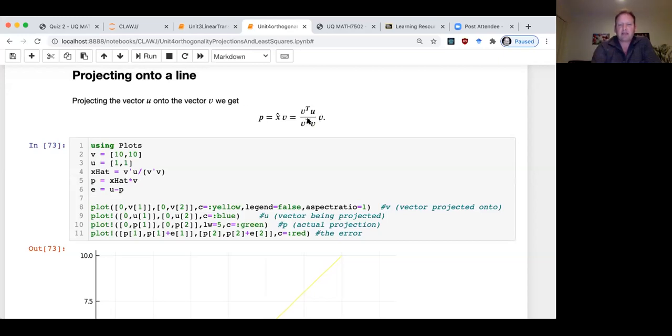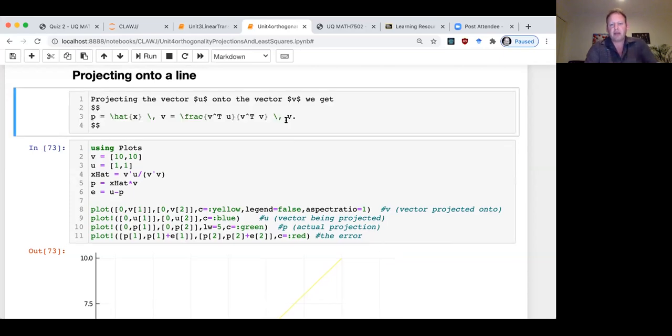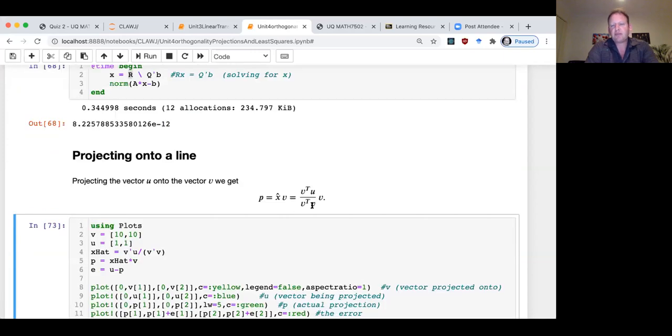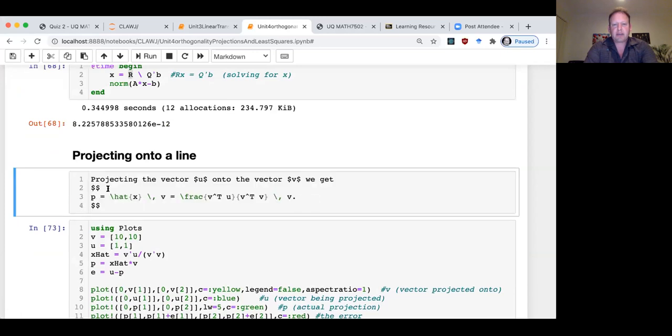So if you take this formula here of projecting onto the line, you can see, in the line formula, the V transpose V, I could have written this. Let me actually copy this and just write it in a slightly different way.